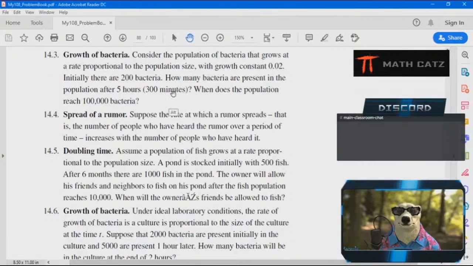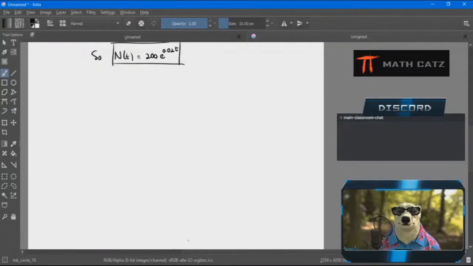Their first question is, how many bacteria are present in the population after 5 hours, 300 minutes? They didn't say exactly what the time unit is, it's a first draft of this book. I'll just clarify that the time unit, I believe, is in minutes.